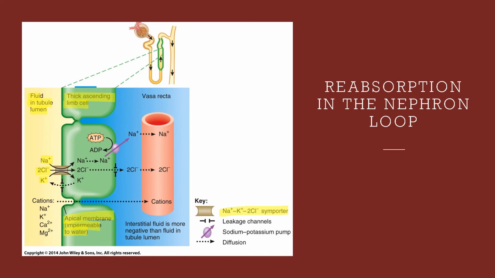Now we already know sodium that's actively transported into the interstitial fluid at the base and sides of the cell is going to just diffuse very quickly into the vasa recta here. Chloride is going to move through these leakage channels at the basolateral membrane. It's going to diffuse into the interstitial fluid and then diffuse directly into the vasa recta.